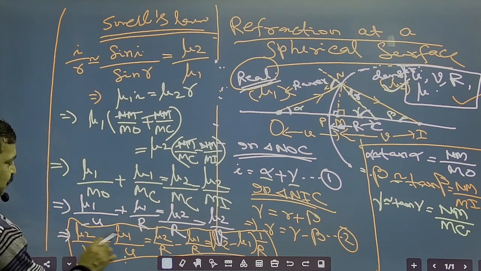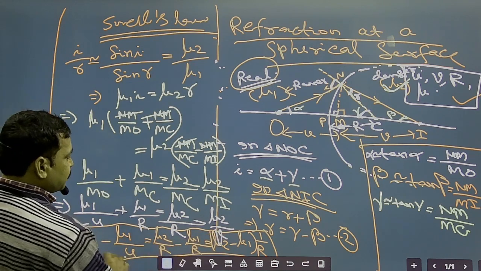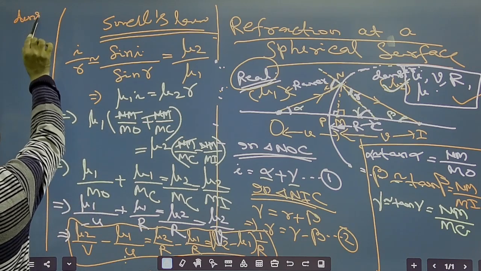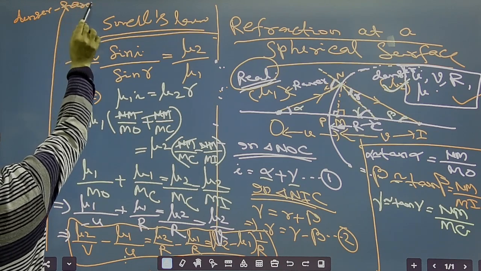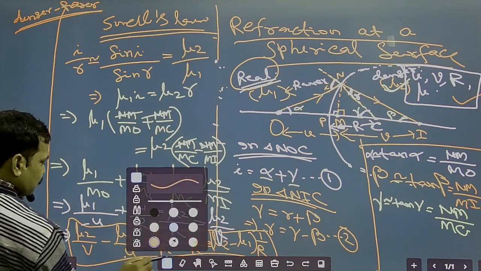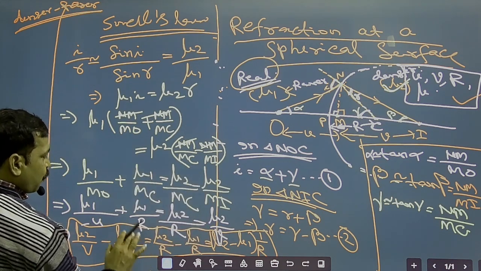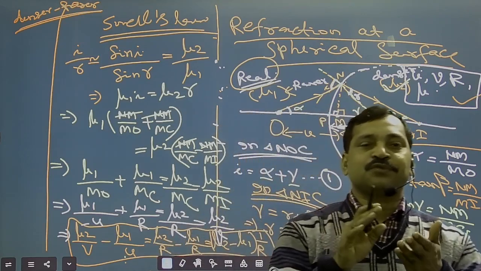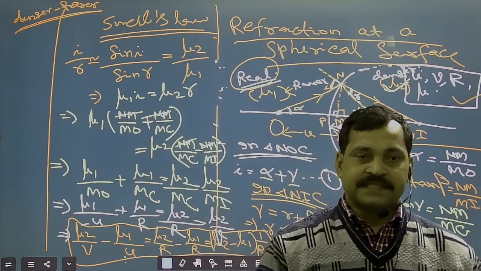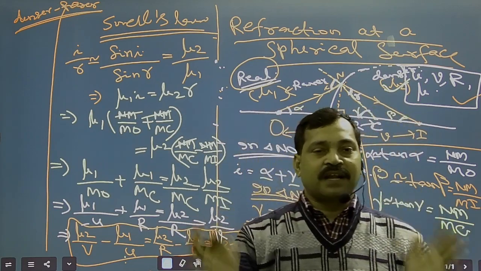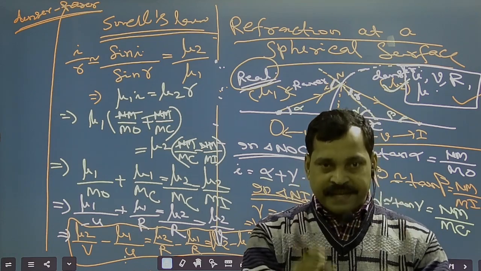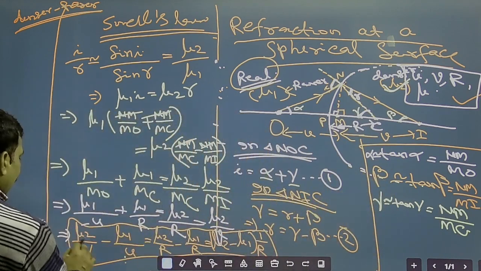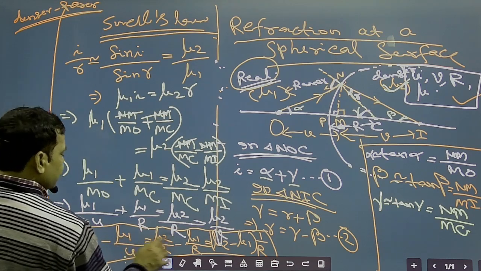You can interchange mu2 and mu1 in all your relationships. So this formula actually holds good for all types of spherical surfaces, but if the ray is moving from denser to rarer, irrespective of the type of spherical surface or the nature of the image formed, the relation will be the same. The only thing is that mu2 and mu1 get interchanged.